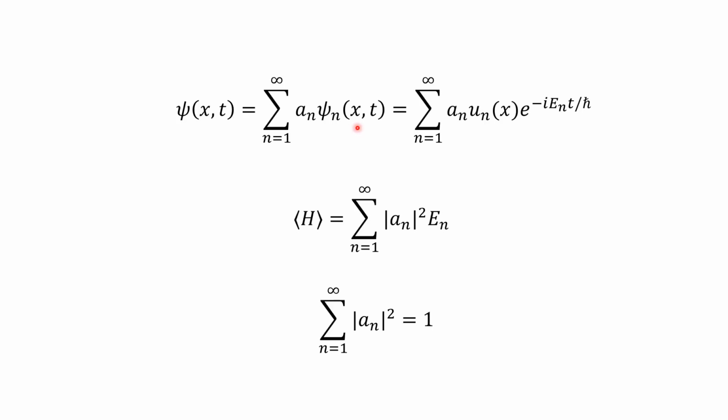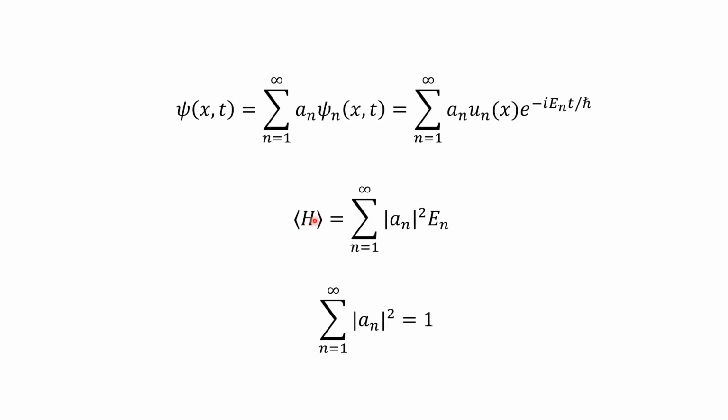Now psi_n can be written as u_n(x) e to the power minus i E_n t over h cross. This is the usual way of writing the linear combination. Then what about the expectation value? You know that it is also well defined.